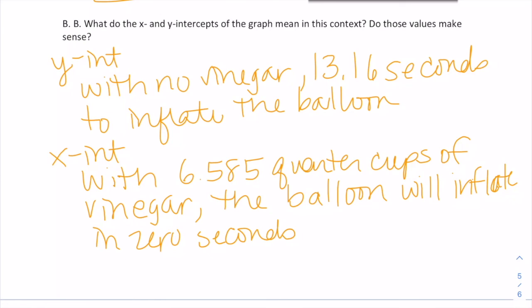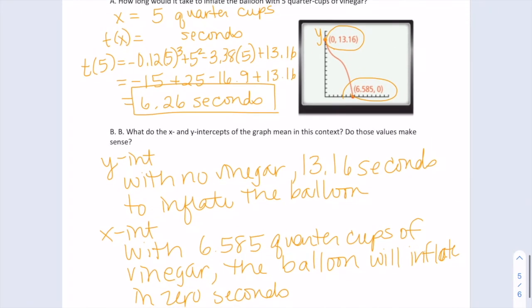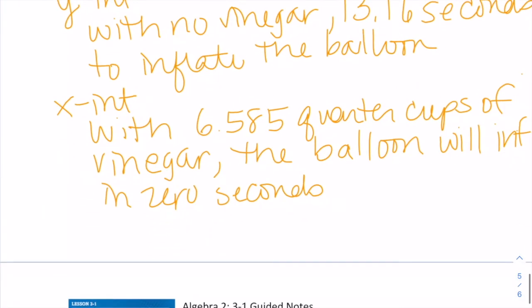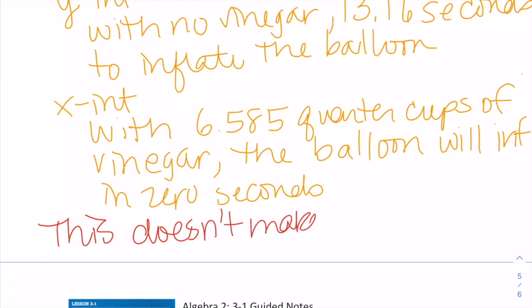So even though we have these values and she was able to find this equation, make this model with the data, we really need to make sure we restrict the domain and range. Because they don't make sense, we're going to restrict the domain and range.